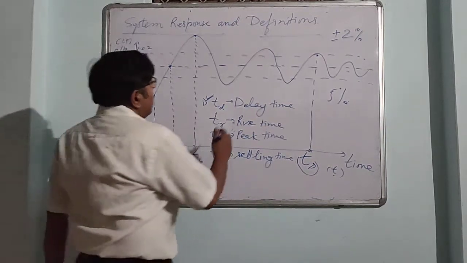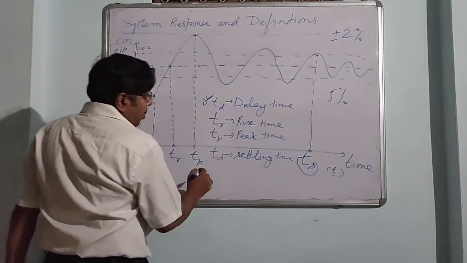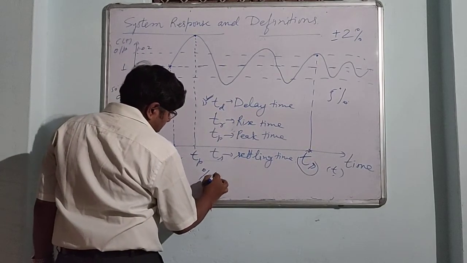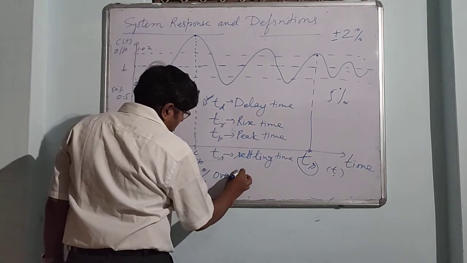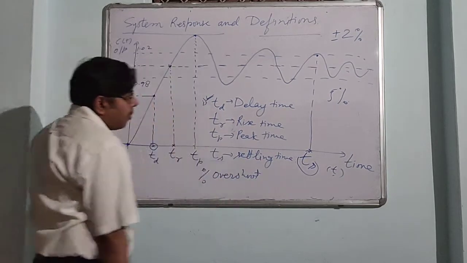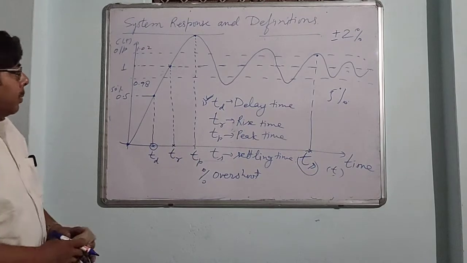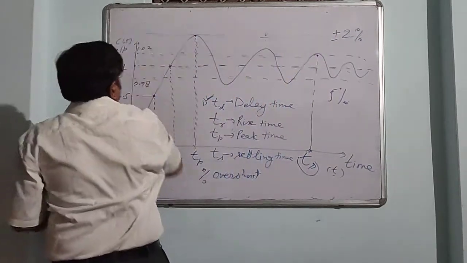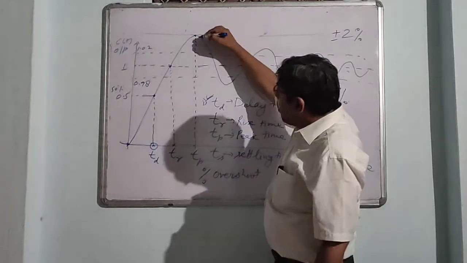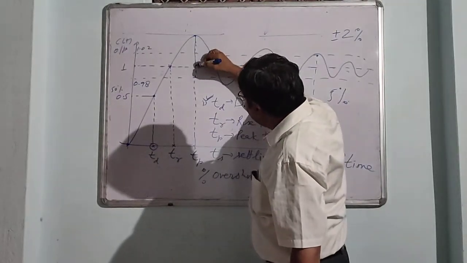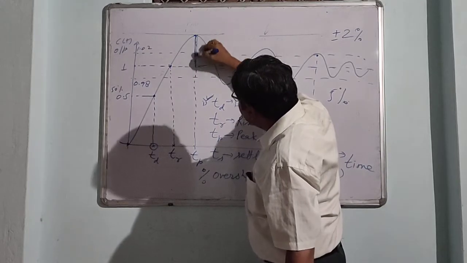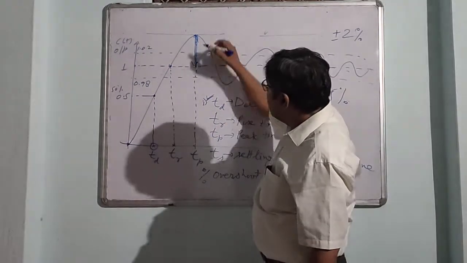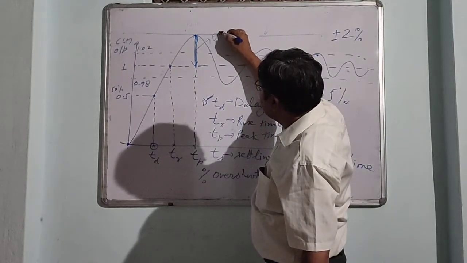One thing more, percent overshoot. What is percent overshoot? This is the maximum value, the maximum overshoot. This value is called the overshoot.